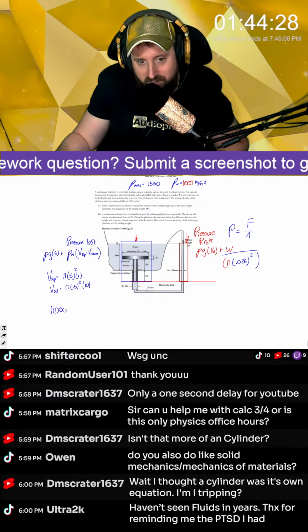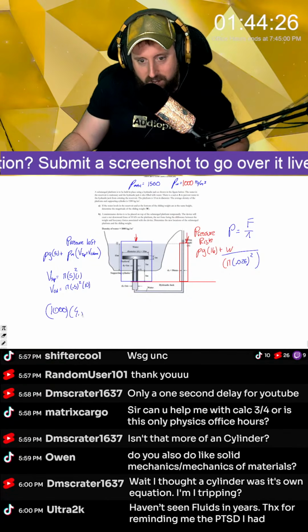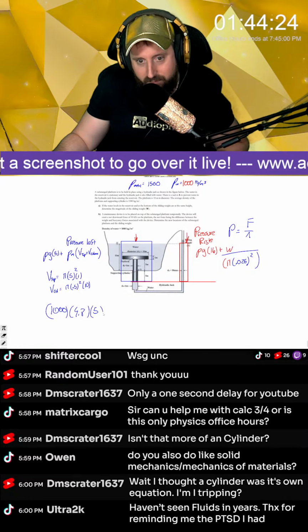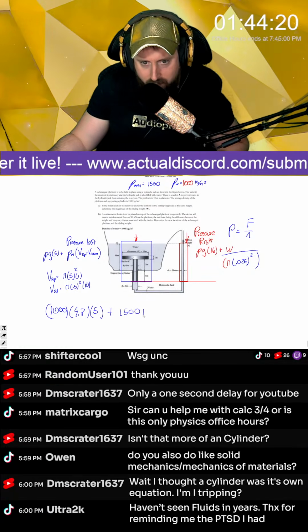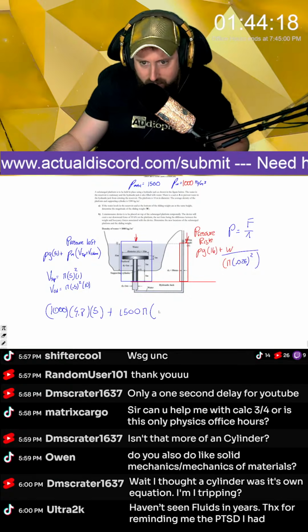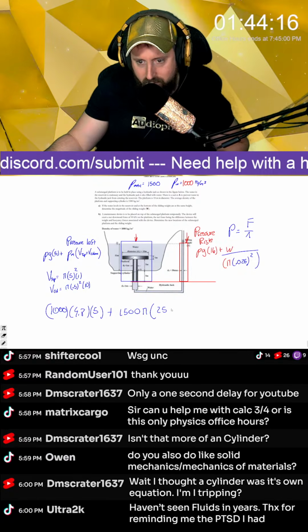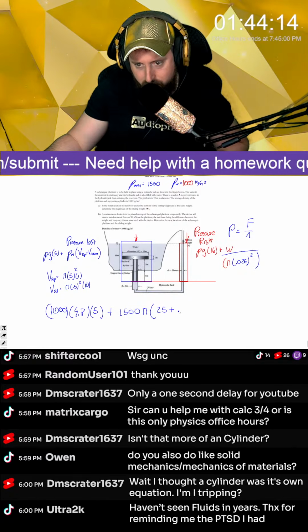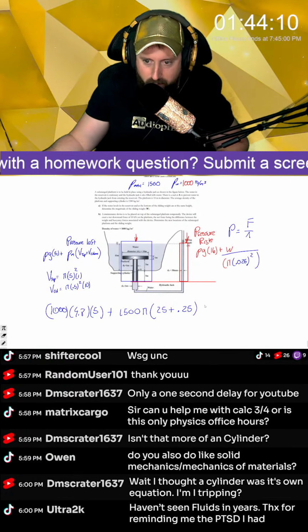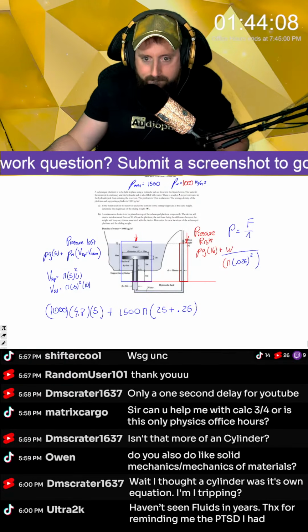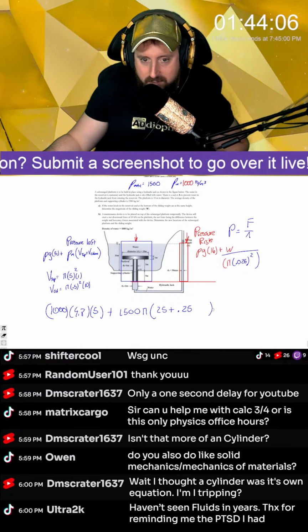Okay, so 1,000 times 9.8 times 5 plus 1,500 times pi, and then that's going to be 25 plus 0.25, right? Because that's going to be 5 squared, that's going to be 0.5 squared. Oh, wait, it's 0.25 times 10.